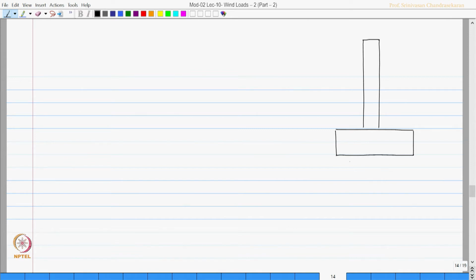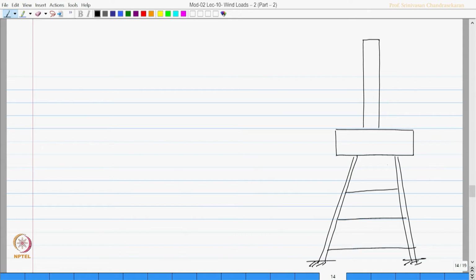The deck is supported by a jacket. And the jacket is resting in the seabed by some pile foundation. Of course, the jacket has got bracings and battens.